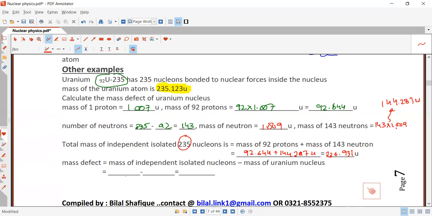If we calculate the mass difference, the mass of the independent nucleons, 236.931 U, minus the mass of the nucleus, 235.123 U, it is just 1.808 U. So that is the mass effect of the uranium nucleus, right?